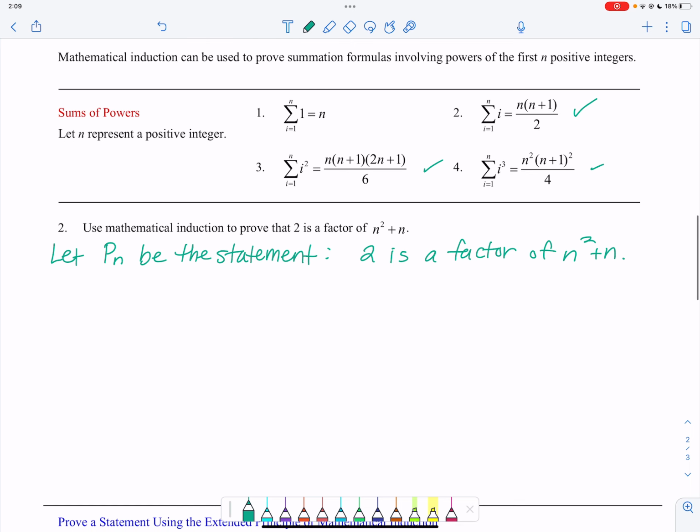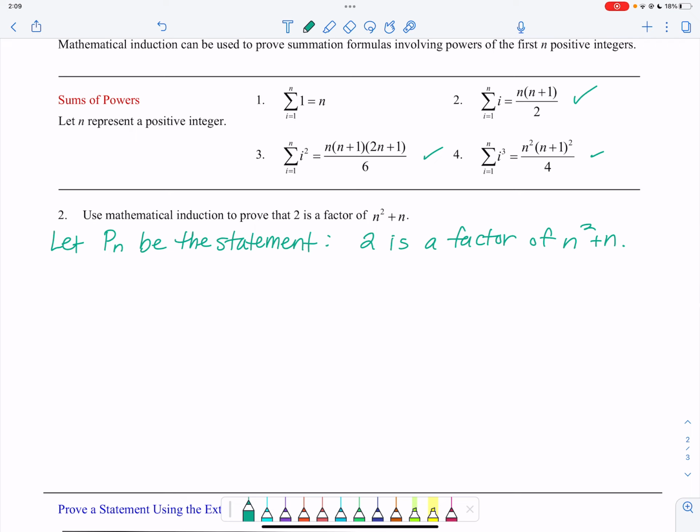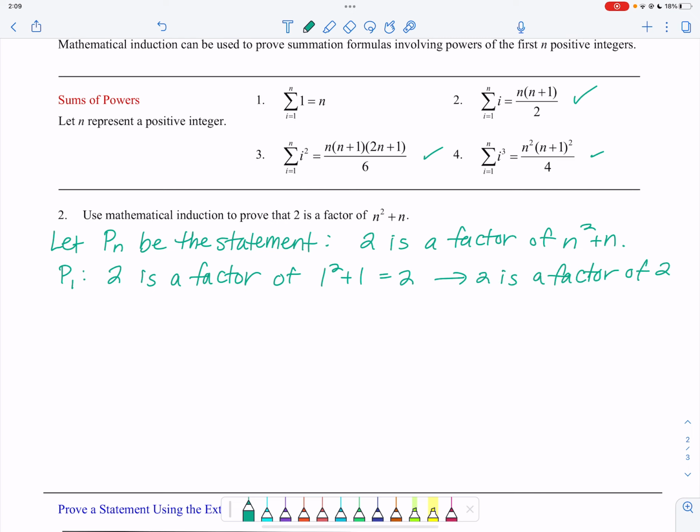So we're going to assume that. Okay, that's our statement. Now we're going to say P sub 1: 2 is a factor of 1 squared plus 1, which is equal to 2. So 2 is a factor of 2.